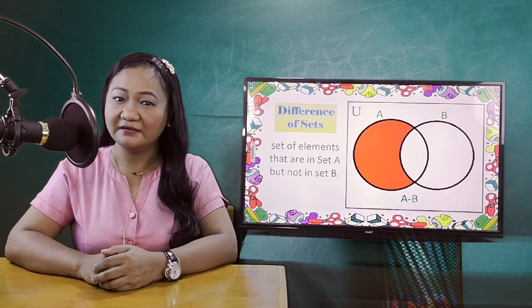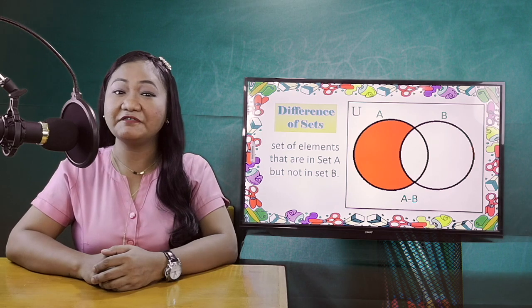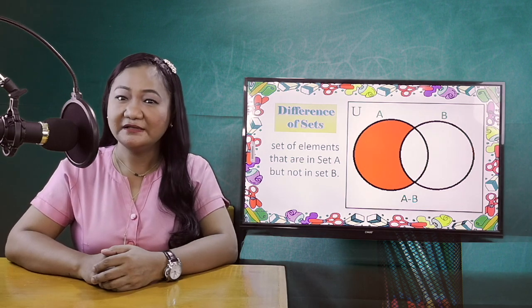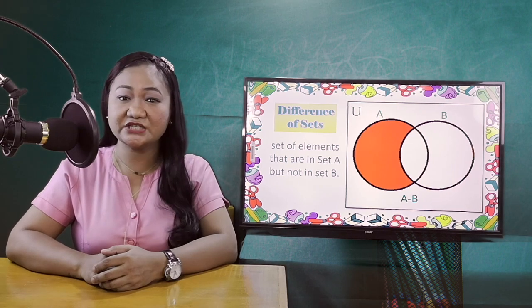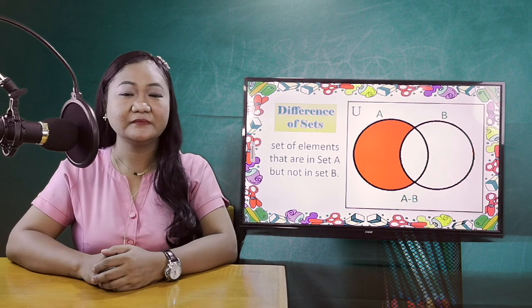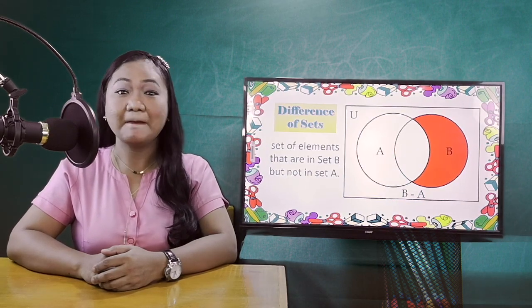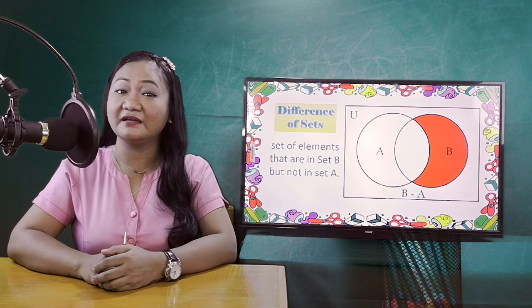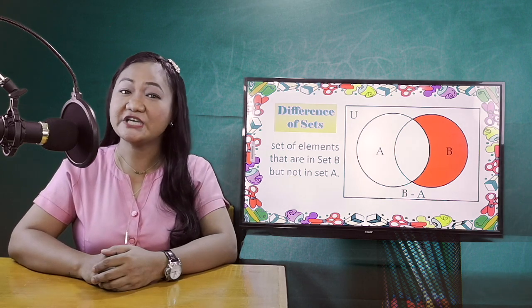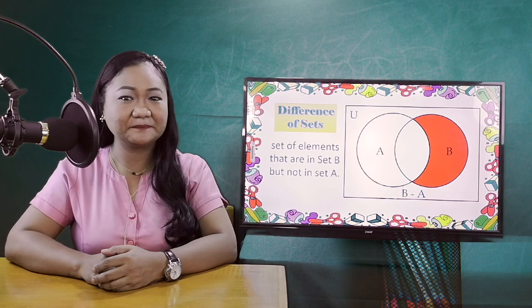Given the sets A and B, the difference of sets A and B, written as A minus B, is the set of elements that are in set A but not in B. Therefore, in the Venn diagram, the shaded region is the part of set A that does not overlap with set B. On the other hand, the difference of sets B and A, written as B minus A, is the set of elements that are in set B but not in set A. Therefore, the shaded region is the part of set B that does not overlap with set A.